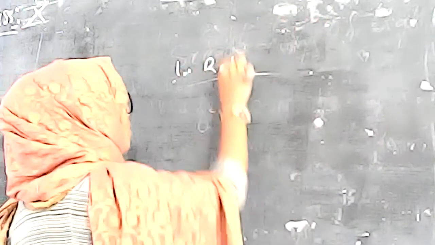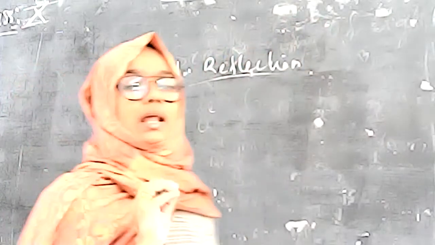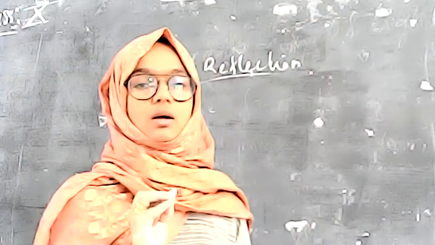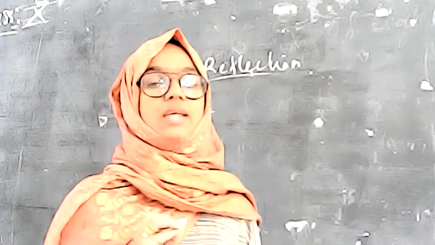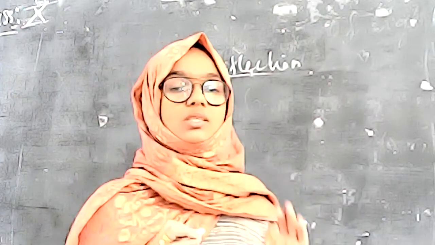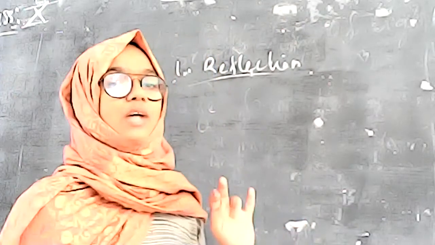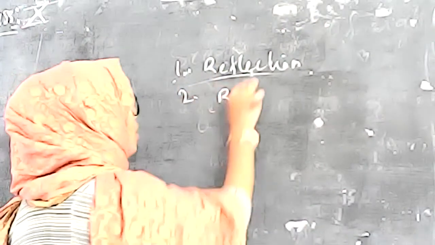Reflection of light is when a ray of light is incident on a smooth surface and bounces back. There is an incident ray, a reflected ray, an incident angle, a reflected angle and the normal to the surface. Refraction of light is the bending of light.